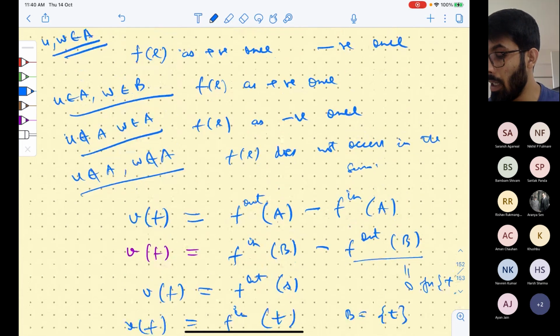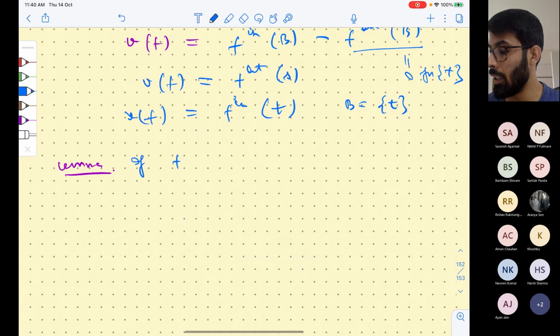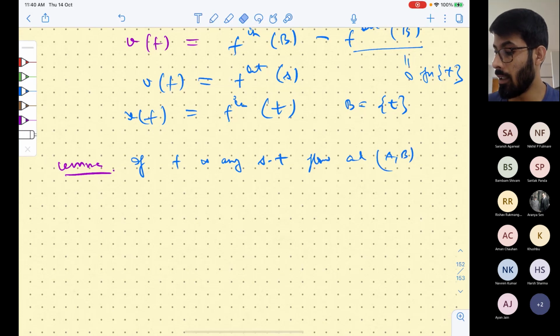So what is the other lemma? That just shows that if F is any ST flow, and if there is any question, please ask.